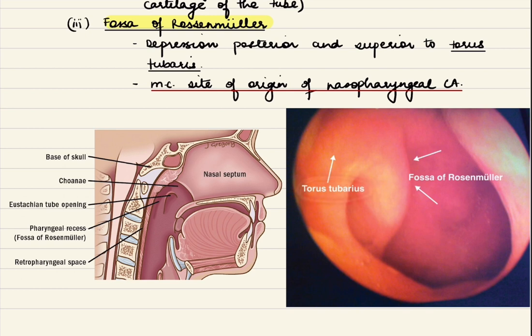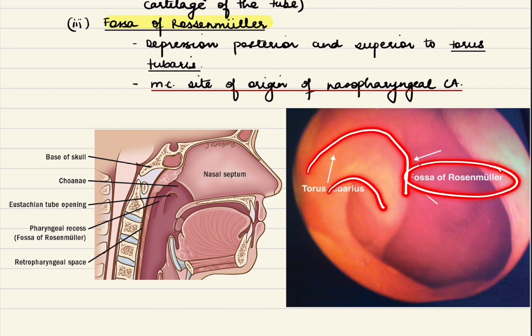This is caused by the underlying cartilage, and above and behind this torus tuberis lies a depression, and this depression is known as fossa of Rosenmuller. Now this fossa of Rosenmuller is important as it is the most common site of carcinoma of nasopharynx. So three important structures: the eustachian tube opening, torus tuberis, and the fossa of Rosenmuller.